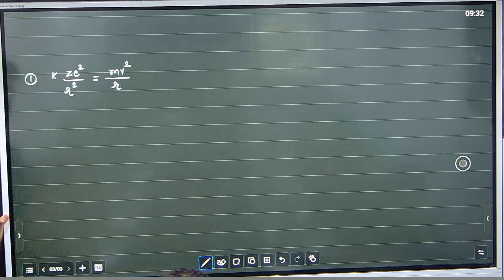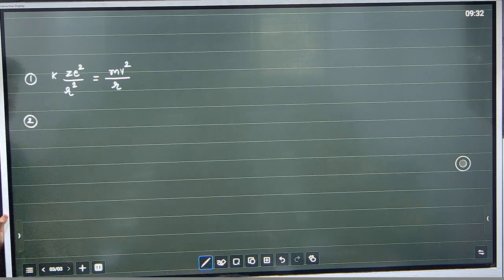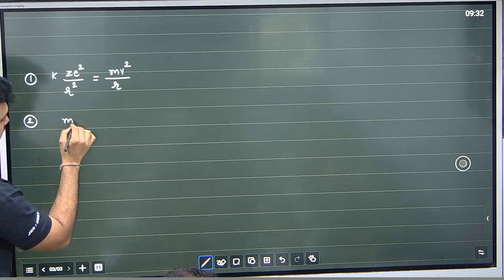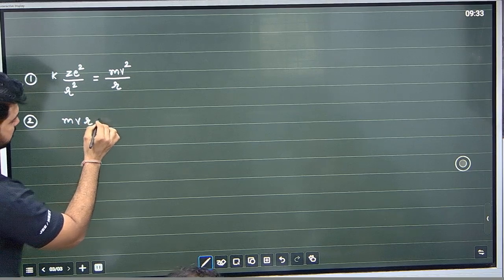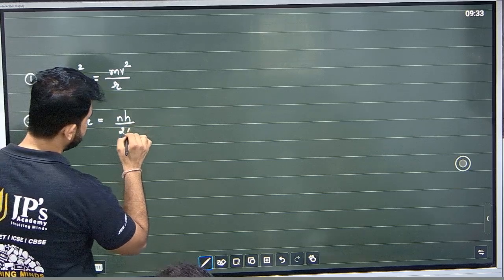And when we wrote angular momentum is quantized, what was the equation that we wrote? mvr is equal to nh over 2 pi.